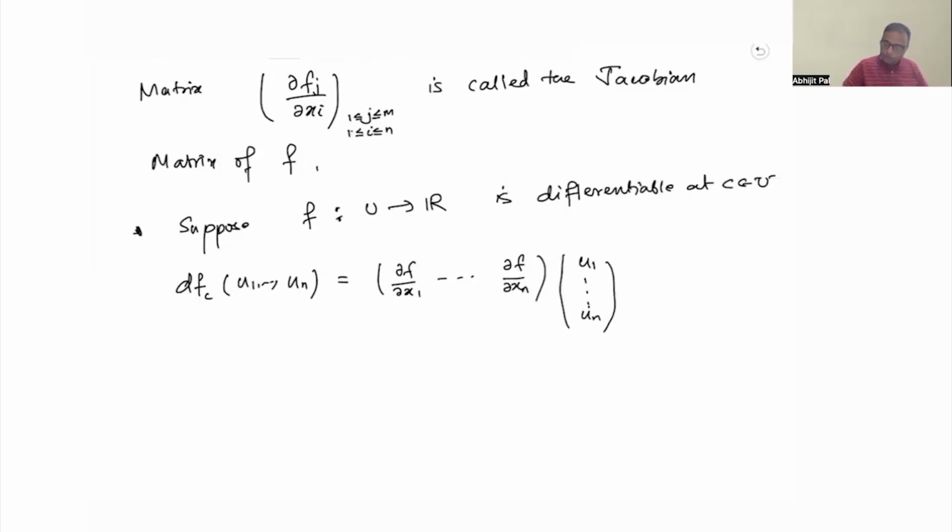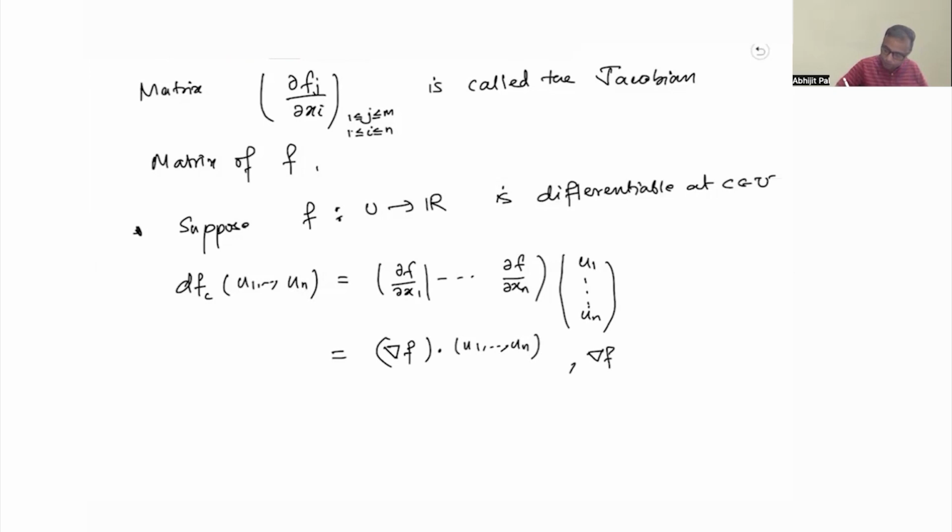So this is exactly equal to the grad of f taken in a dot product with this vector u, where u is equal to (u1, ..., un).